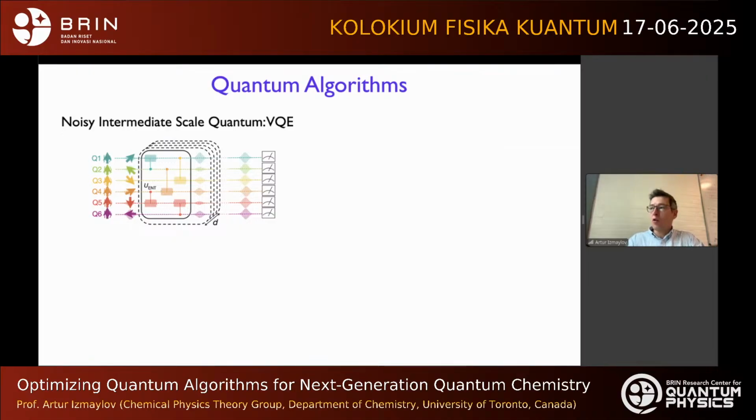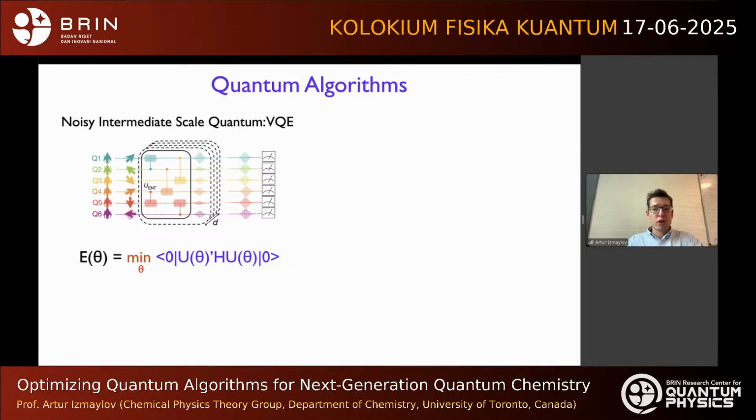The typical algorithm that people use is the variational quantum eigensolver, which is based on constructing some states with unitary transformations. Using those states, we measure the Hamiltonian and then pass this expectation value to the classical computer, so that for a minimization process it can suggest a new trial function.